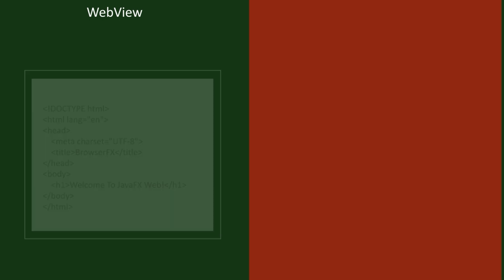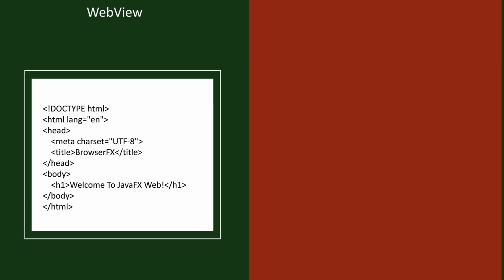We'll start with WebView. WebView is like a special container in JavaFX. It is also a type of control, but you can think of it as a special container that allows you to display web content, like web pages, videos, and everything else that comes with web content. So in that sense, it's kind of a web browser that you can build inside your JavaFX application.